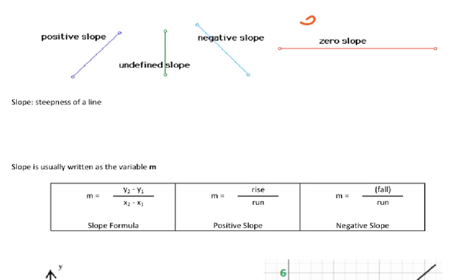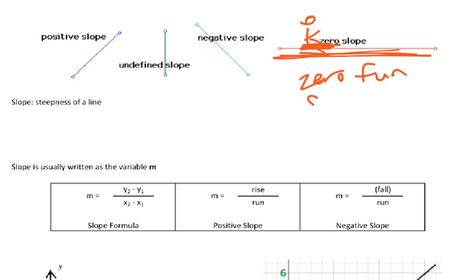If you were sled riding, let's say this is you, and you are sled riding on flat ground, no slope at all, you're not even moving, that would be zero fun. So zero fun sled riding on a zero slope, like flat ground.